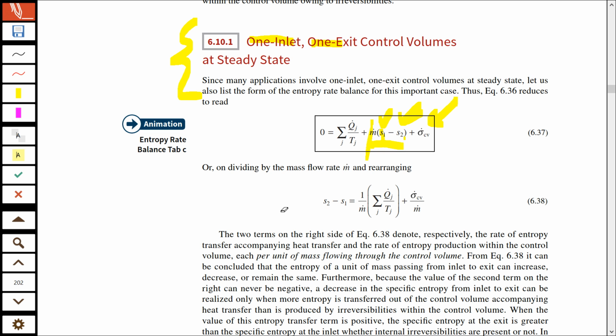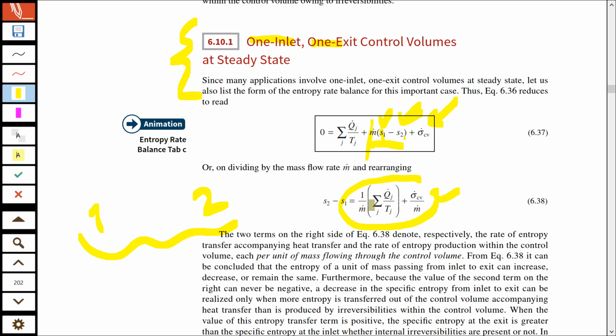So if you want to have an expression for the change in entropy from inlet, let's say 1 represents the inlet, 2 represents the outlet. So during this, the entropy change will have that expression, and you can make sense of it as well.